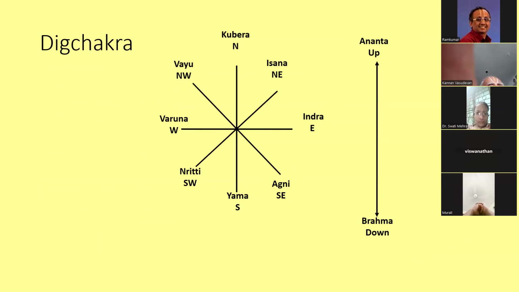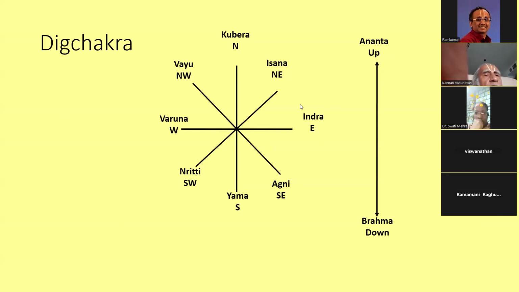Now you would have seen Grahas being associated to this Dik Chakra. Northeast is Jupiter, east is Sun, southeast is what? Venus, and so on, right? Are you aware of the Dik Chakra? No, sir. Okay, so I'll go through that quickly.